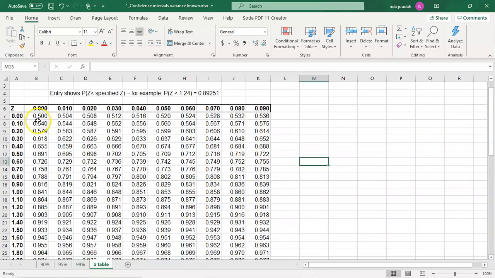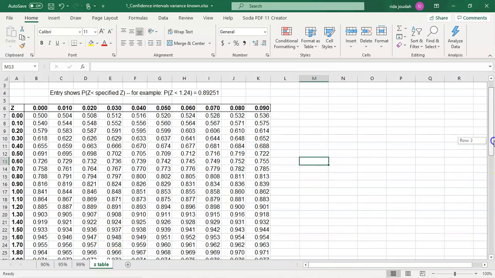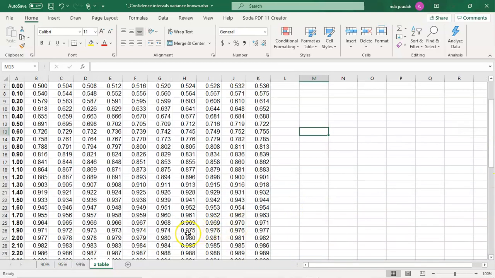The values here start from 50. So if you go to the right, the value will keep increasing. So let's go down and keep searching for 0.975. We need to scroll down a little bit. And here we go. This is the value that we are looking for, 0.975. If we look at the left side, on the columns, we find this value, 1.90.